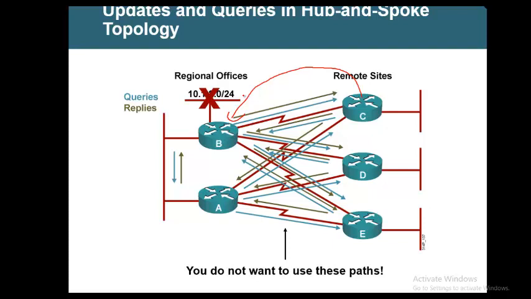What? D has already given you. But B says, no, I need to wait for the other three members to respond. So B couldn't decide. We call this stuck in active, SIA. If you type the command show ip eigrp packets, and also in summary, you will see stuck in active, SIA mentioned there. I'll show you when I do the lab.